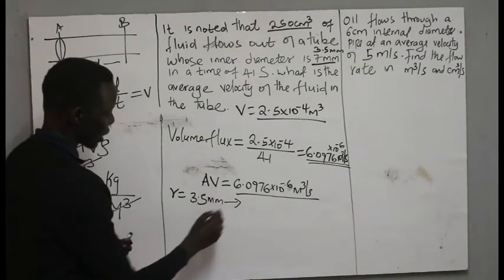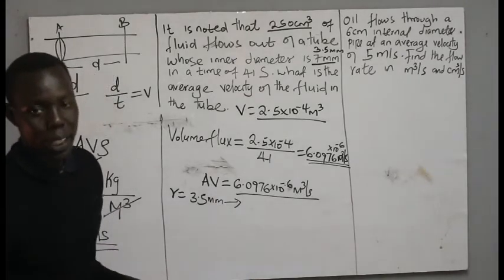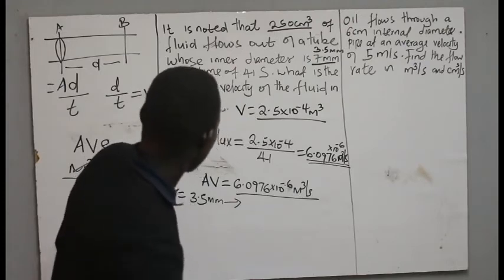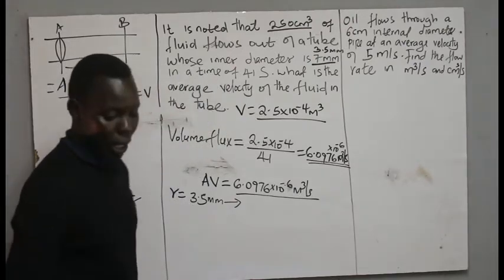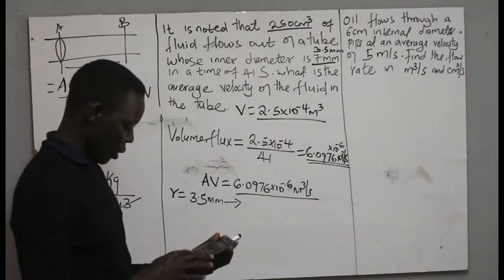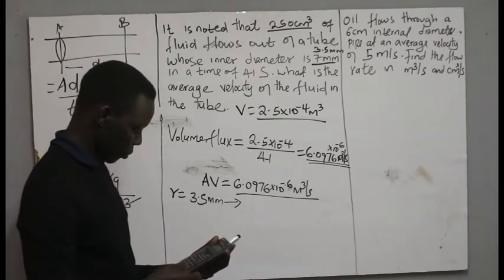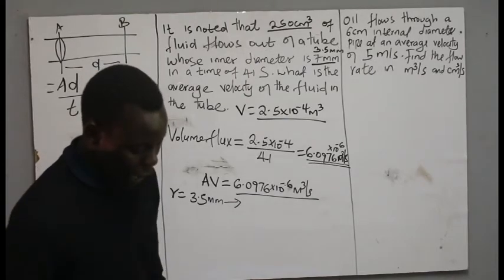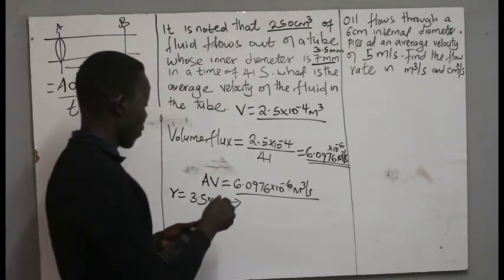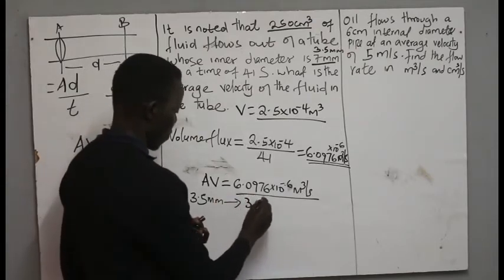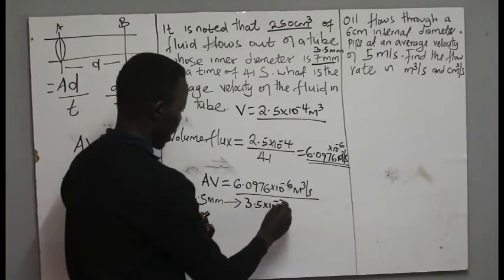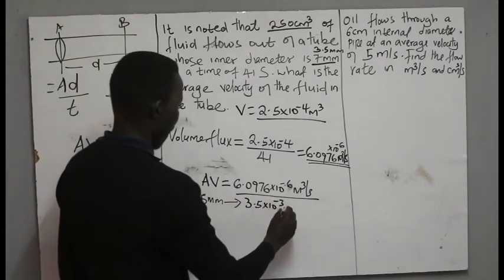Now, our radius is equal to 3.5 millimeters. We can make it meters. We simply divide by 1,000. We make it meters, so 3.5 divided by 1,000. I want you to learn how to use your calculators very fast. So in power form, it's going to be 3.5 times 10 power negative 3 meters.